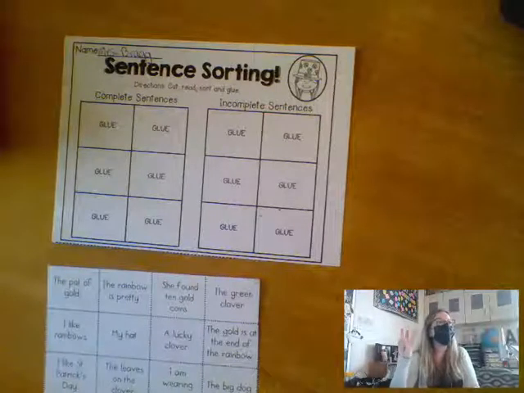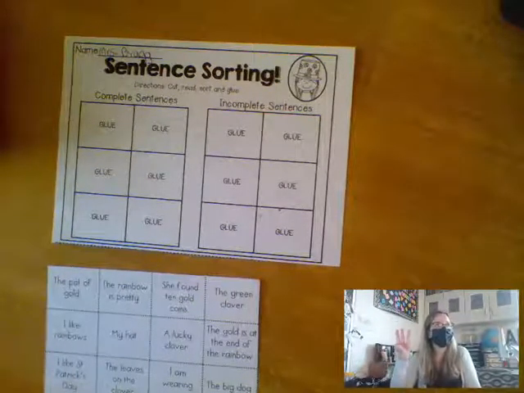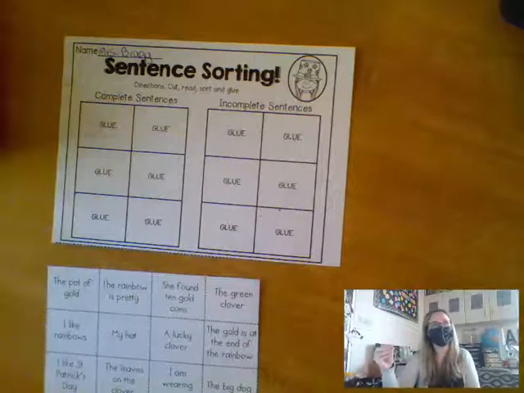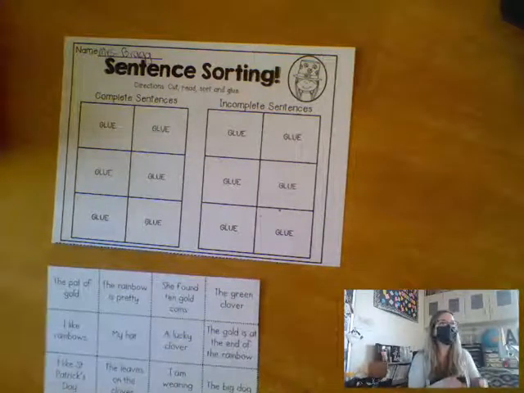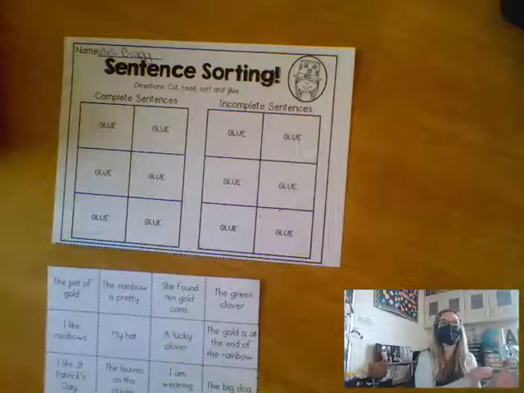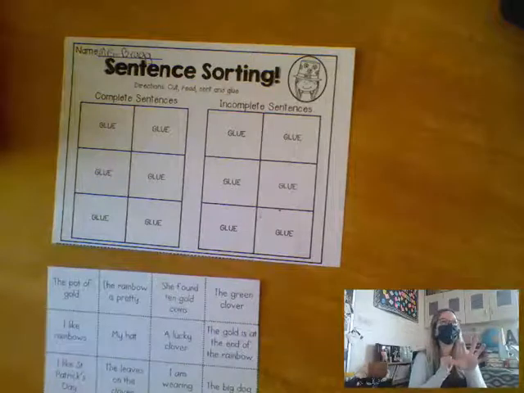What else must we have in order for it to be a sentence, Emily? It has to make sense. You could follow every rule of writing a sentence. Uppercase letter, spaces between your words, end mark at the end. You could have a noun and a verb.